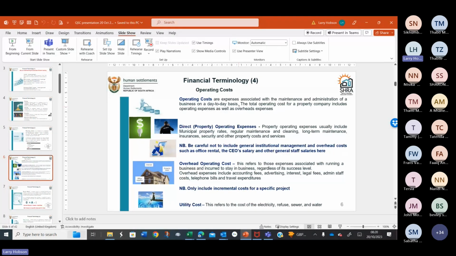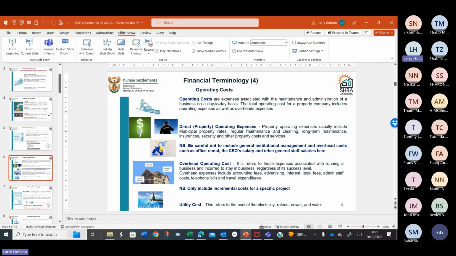Every social housing precinct is normally secured with security staff there. Then office running costs and management salaries, which will be split between salaries related directly to the project and salaries of the head office staff.